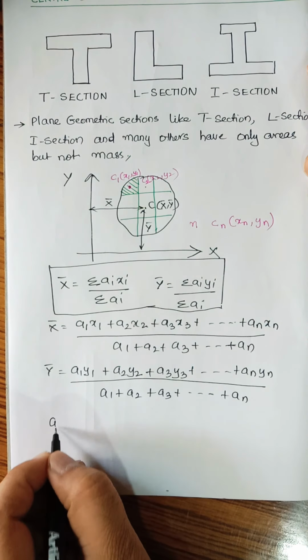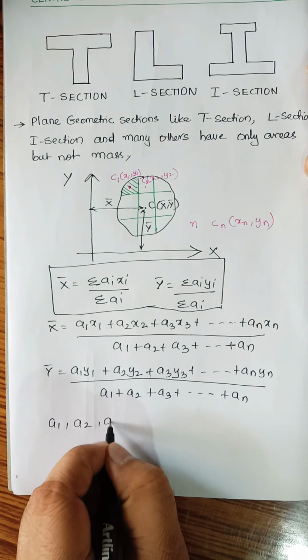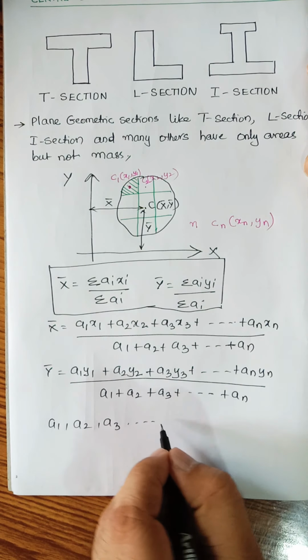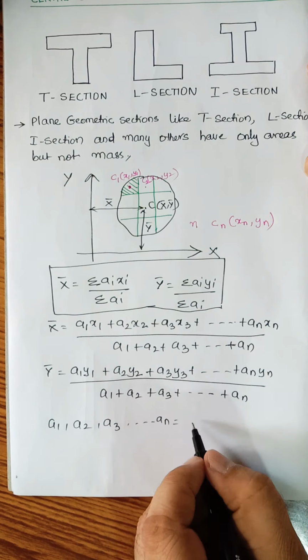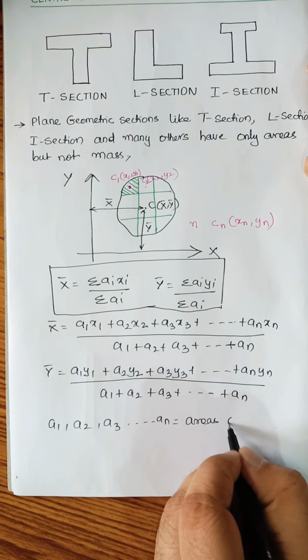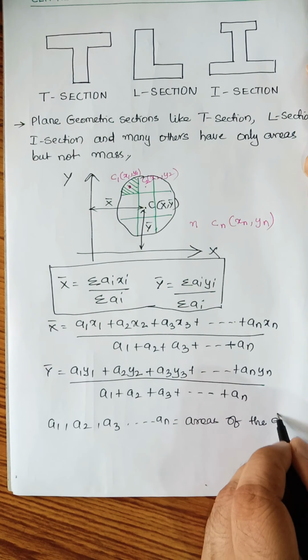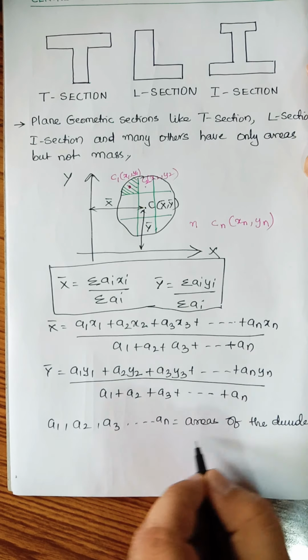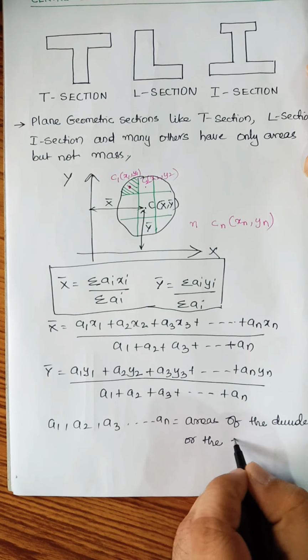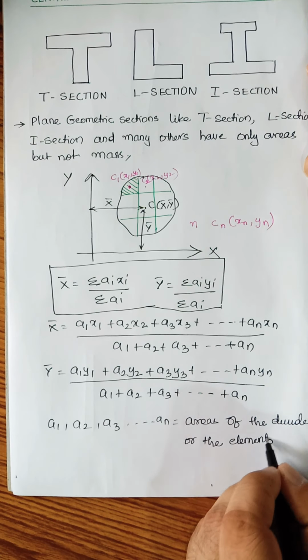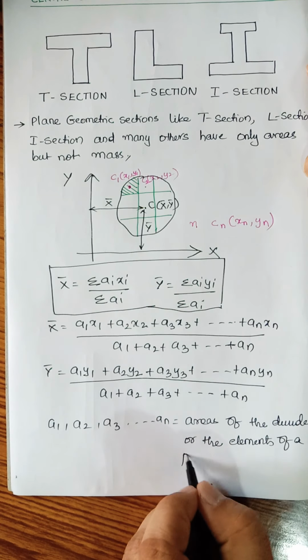Here a1, a2, a3 and so on up to an refer to the areas of the divided elements of a plane figure.